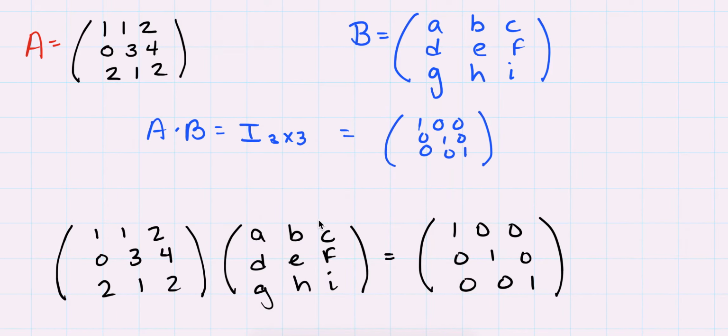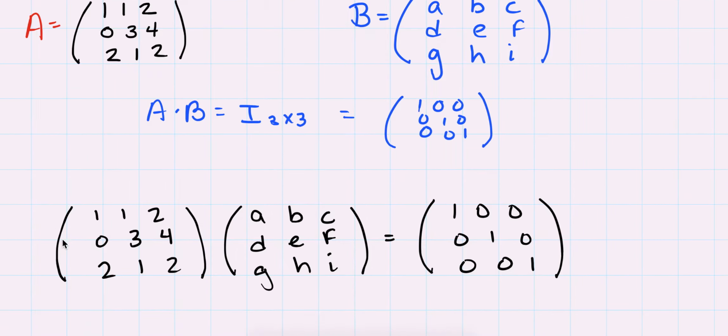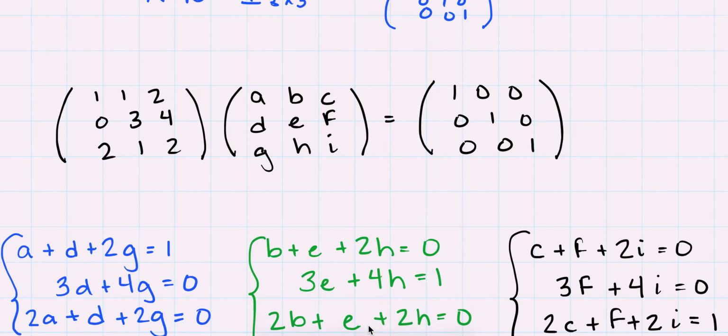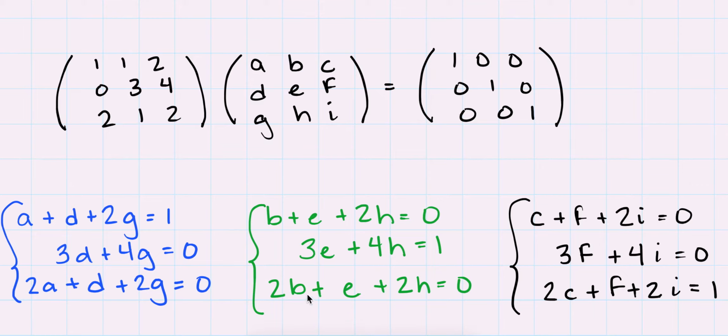So I went ahead and started this for you using this method. You see that I took the matrix A and I multiplied it by this matrix B and set it equal to the identity. And then I multiplied the left-hand side of this equation. And when you do that, you're going to get three systems of three linear equations and three unknowns.